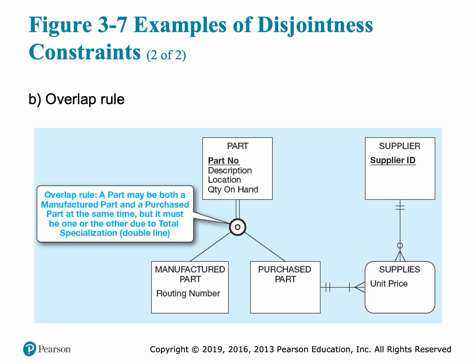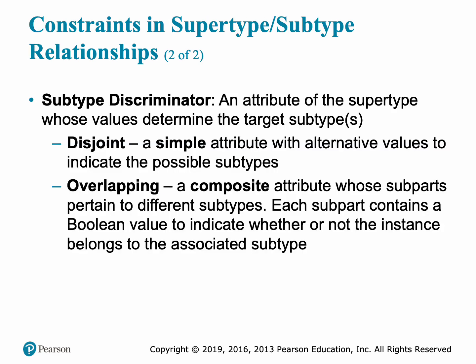Here is an overlap rule. Some kinds of parts could be manufactured in-house and also purchased from external suppliers. Note that the total specialization rule, which we discussed earlier, is applicable here. So, subtype discriminator: an attribute of the supertype whose values determine the target subtypes.